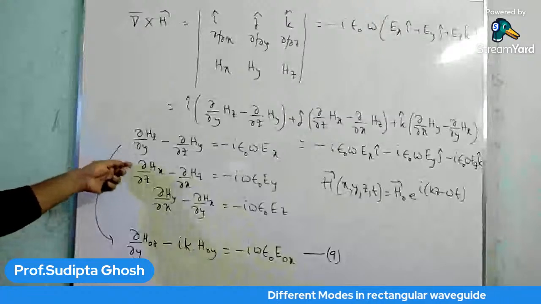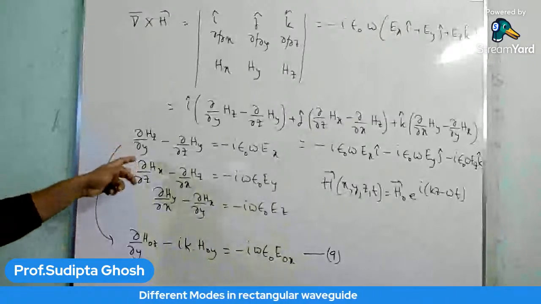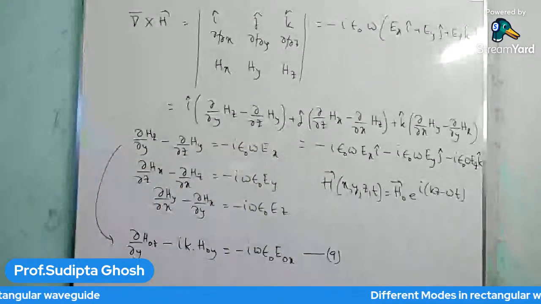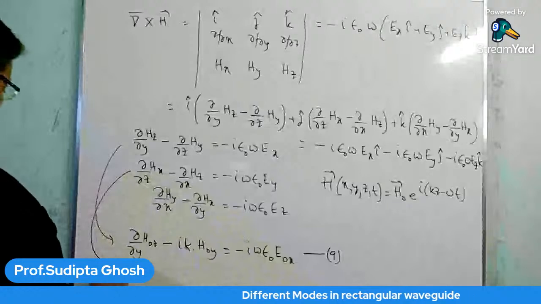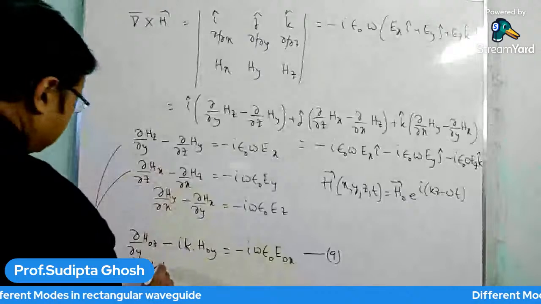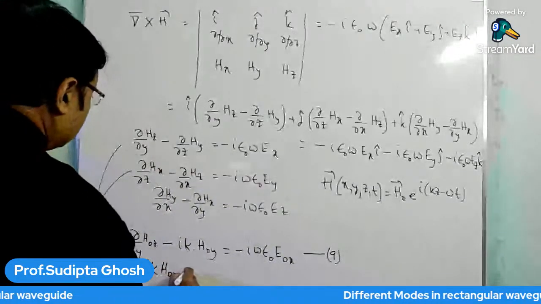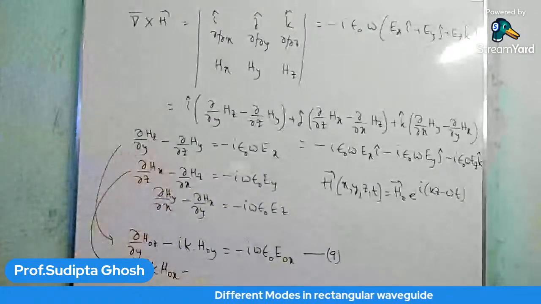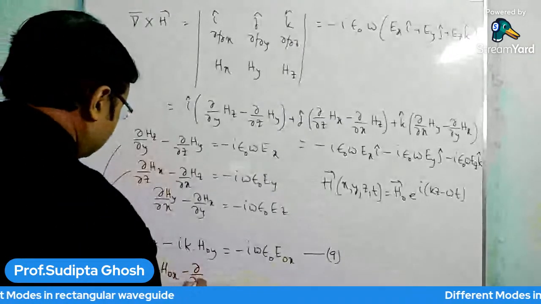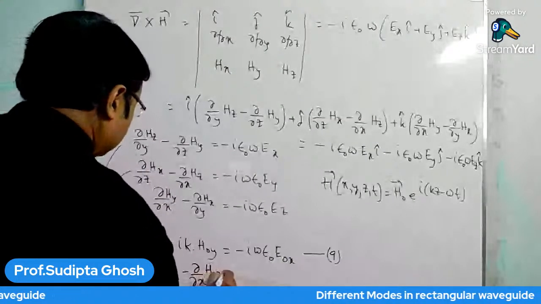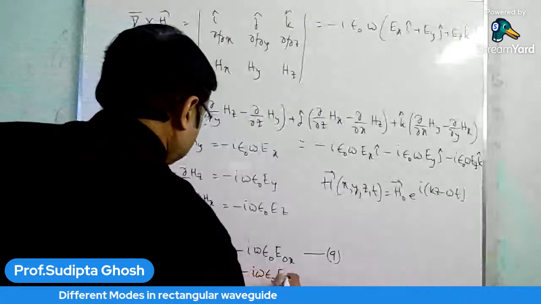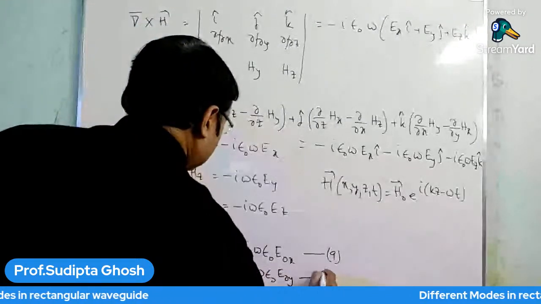Now moving towards the second one. Again here we have to find the value of del z, which will again be ik. So from the second equation we can write ik H0x minus, now del x of Hz, we can't find the value of del x of Hz, so we have del x of H0z, and in the right hand side minus i omega epsilon 0 E0y, and it is equation number 10.